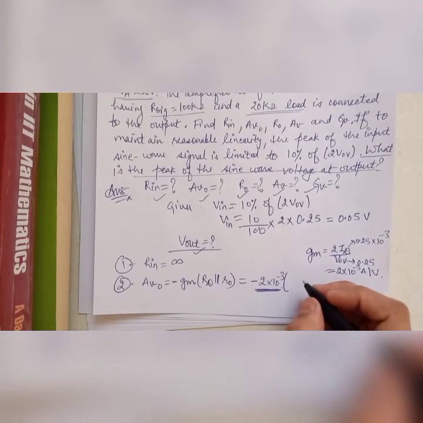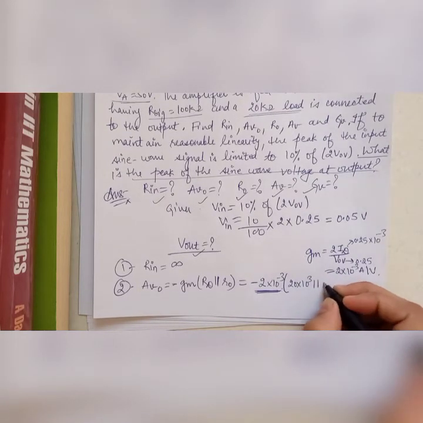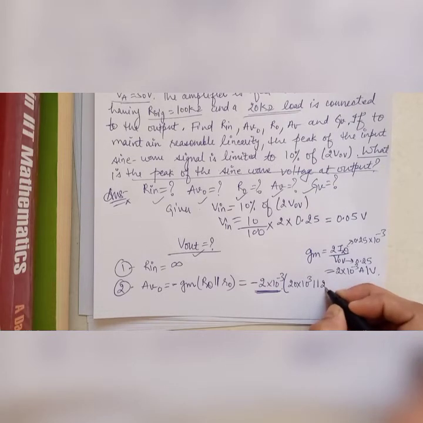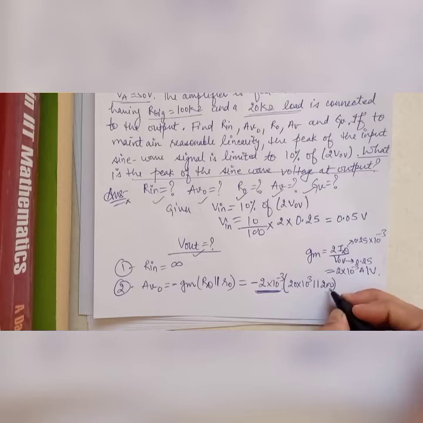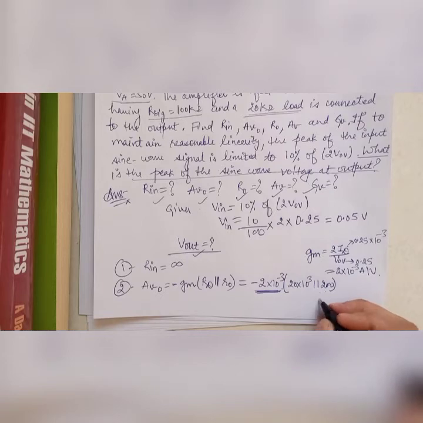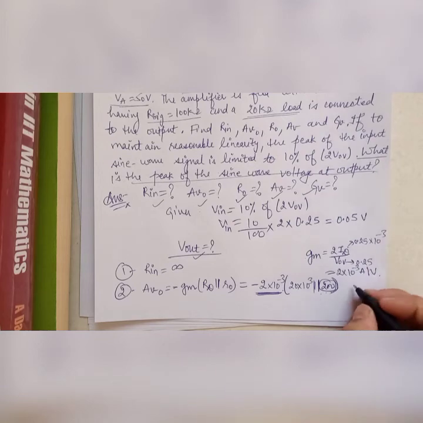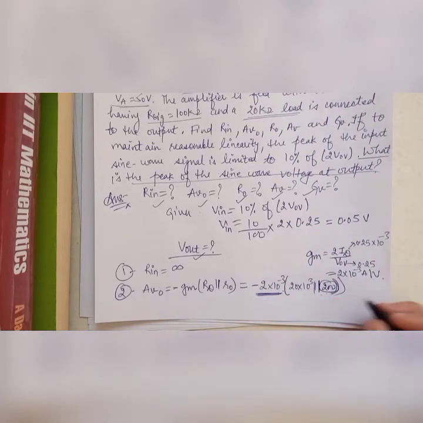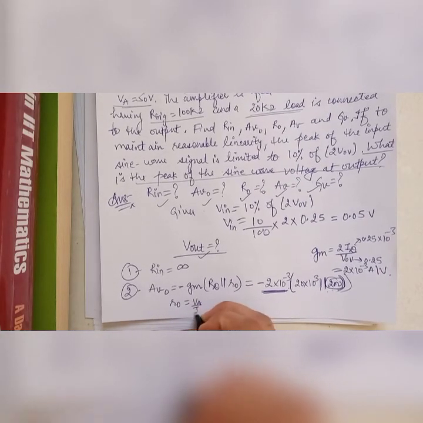Substituted here GM. RD is given to you as 20 kilo ohm, 20 into 10 to the power 3, parallel with RO. RO is 200 kilo ohm. It's not directly given, so I can find out RO as VA over ID.